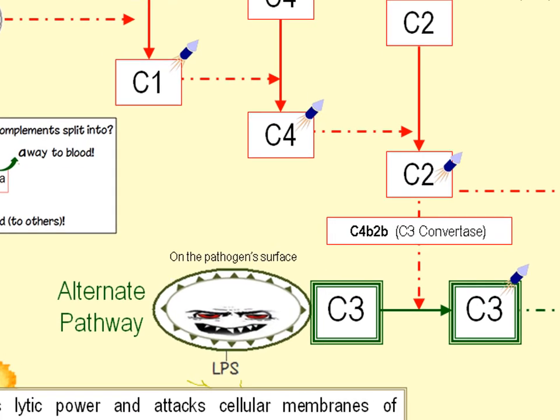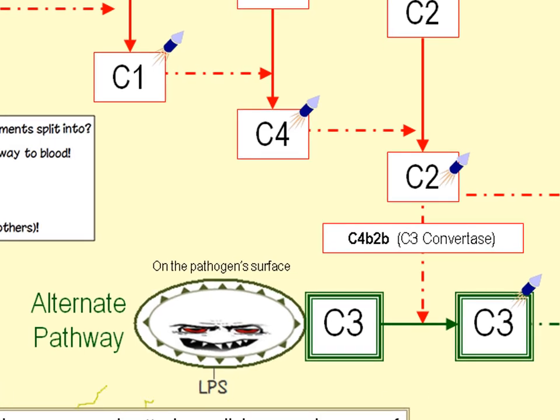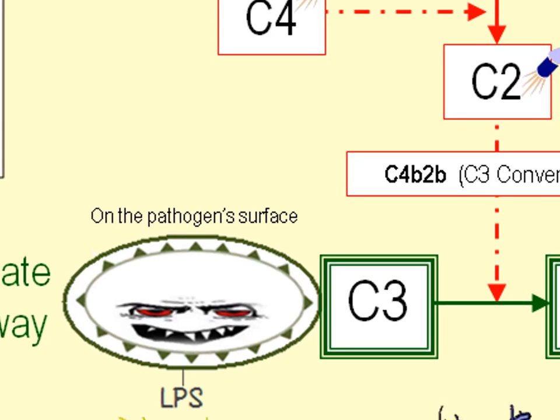I'm showing also in this diagram the alternate pathway, and I'm showing a gram-negative bug, and it has that lipopolysaccharide capsule or cover around it, LPS. The alternate pathway is going to be activated on the bacteria when C3 contacts the lipopolysaccharides of the bacteria.